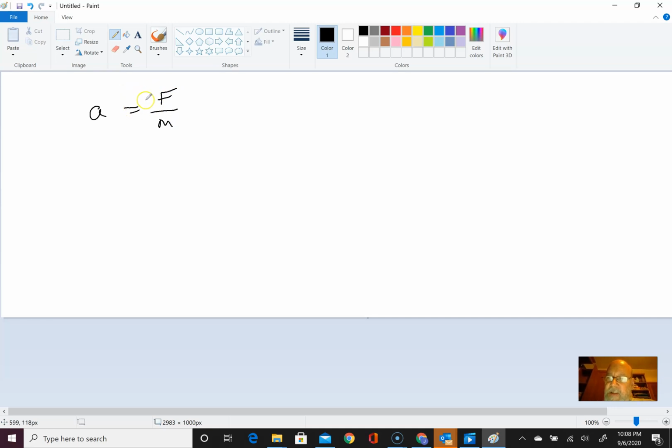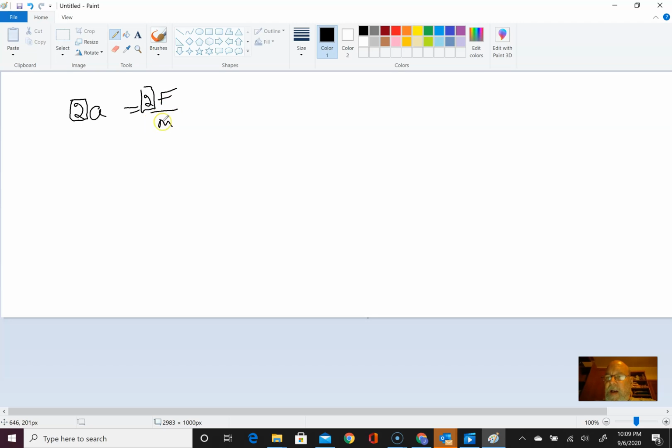And again, what this is saying is that because the force is in the numerator here, if I increase the force, let's say I multiply that force times 2, I'm also going to multiply the acceleration times 2, right? I'm going to change it by twice as much.